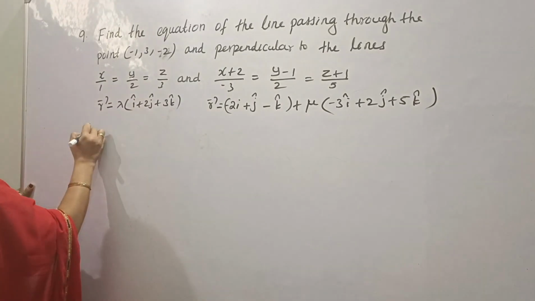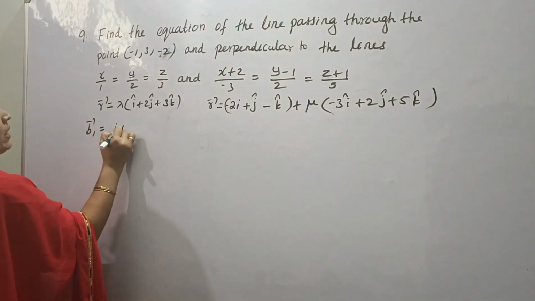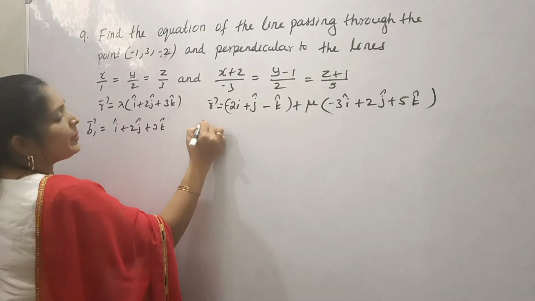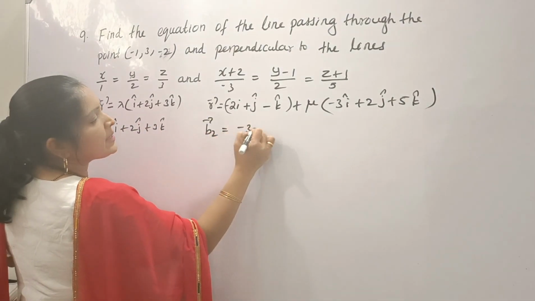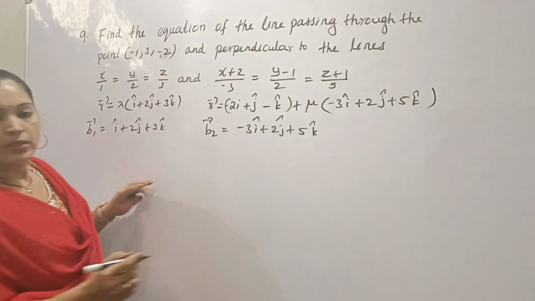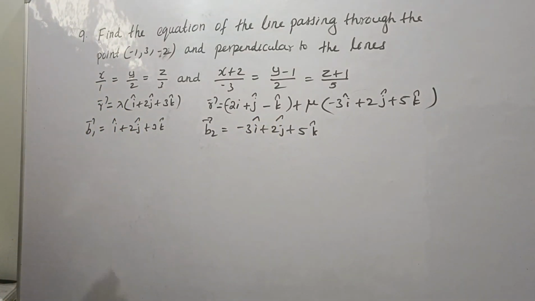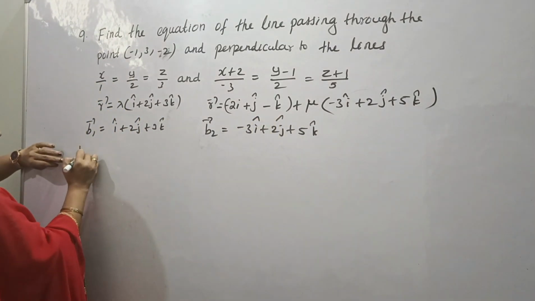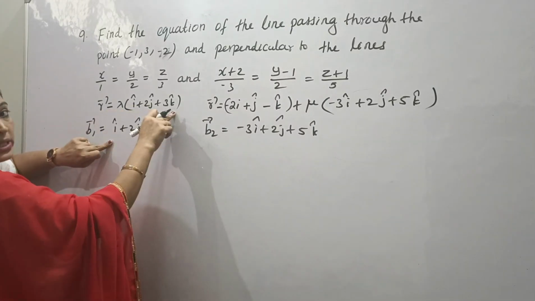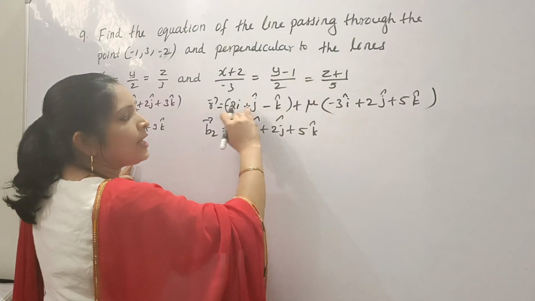Okay, so here let vector b1 be i plus 2j plus 3k and vector b2 be minus 3i plus 2j plus 5k. Then vector b1 cross vector b2. Here vector b1 is parallel to this line and vector b2 is parallel to this line.